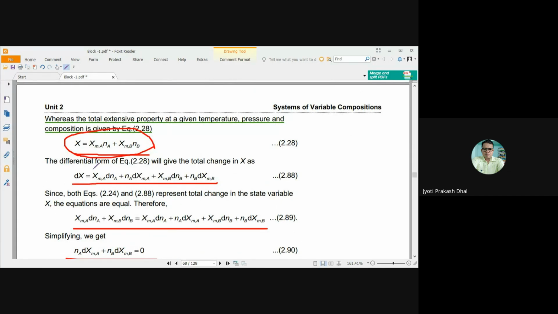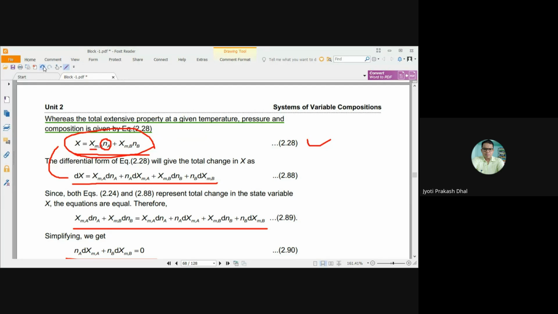The differential form of equation 28 will become, if we take the differential of this equation, keeping one term constant and taking the differential of the other, and then the second term similarly.